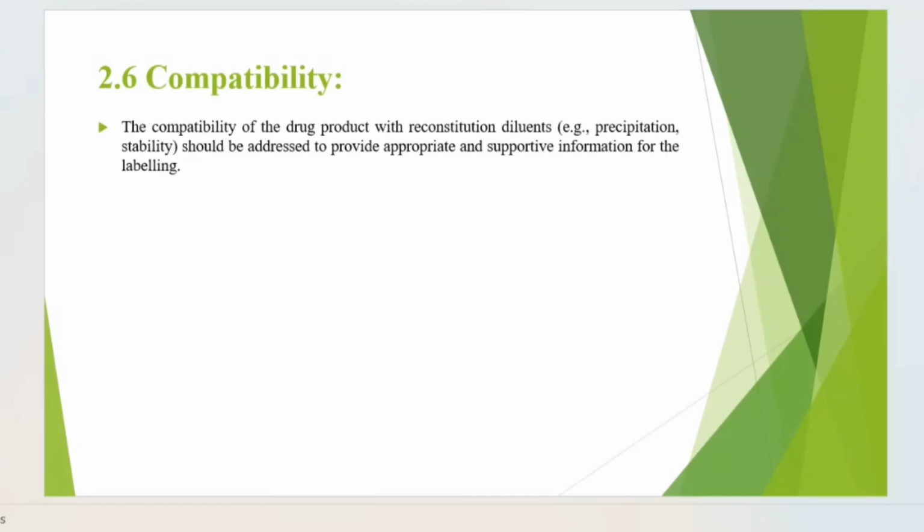So for this, any generic manufacturer company will purchase the reference product from that particular market where the generic company has to market its own product. Suppose it is USA. So the company will purchase the reference product from the USA.